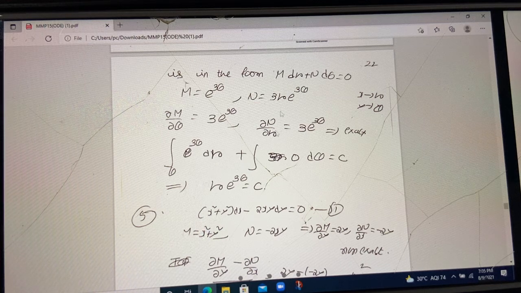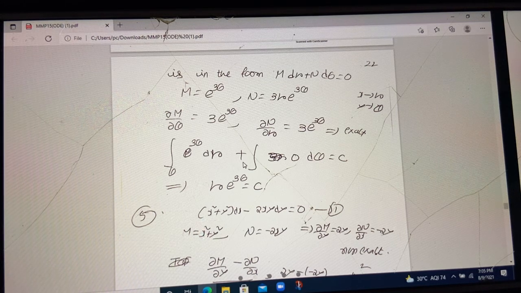Dou n by dou r is 3 into e power 3 theta. Both are equal, so it is exact. So integral of e power 3 theta dr, integral of r e power 3 theta, integral 0 d theta equal to constant. With respect to r, theta is constant, so e power 3 theta is constant, so remove that. 1 dr means r. Here 0 means 0 is equal to constant. This is the required solution.